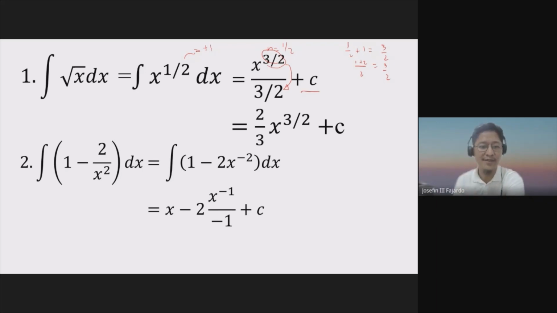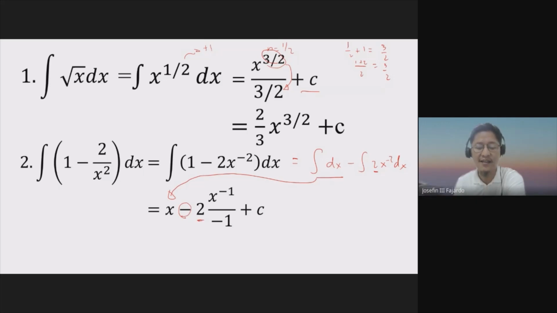Now, yung 1, if you can rewrite this actually as the integral of dx minus the integral of 2x to the negative 2 dx. Diba? Sa rule natin na kapag minus or plus, pwede natin isa-isahin. Itong integral of dx, kaya nagkaroon tayo dito ng x, rule number 1 natin. Tapos minus, kaya may minus tayo dito. And then yung 2, dahil constant lang yan, kukopyahin lang natin siya.